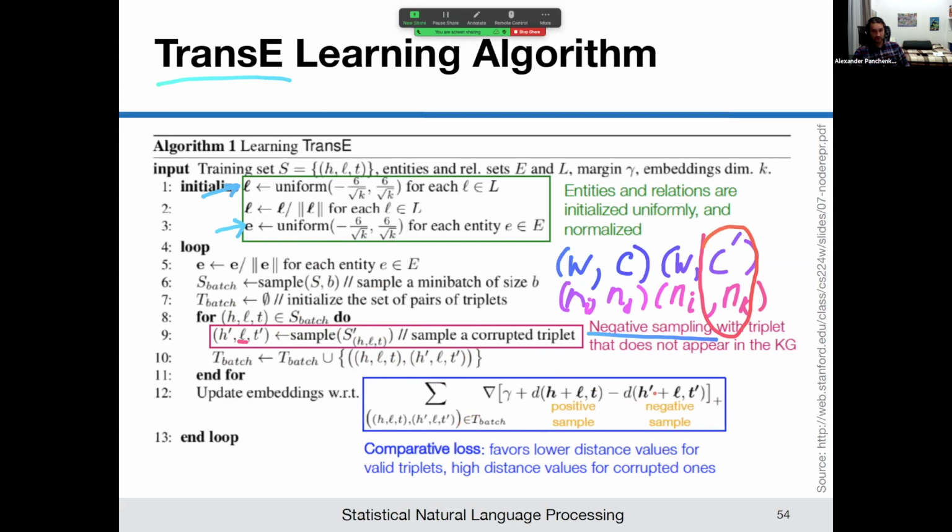And then you optimize an objective where you want a small distance between real relations and a large distance between some dummy relations. So you have, let's say, h plus l.